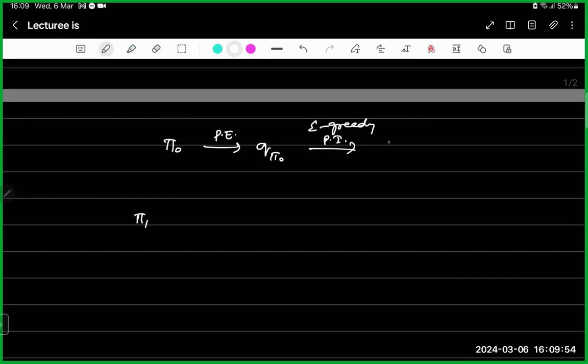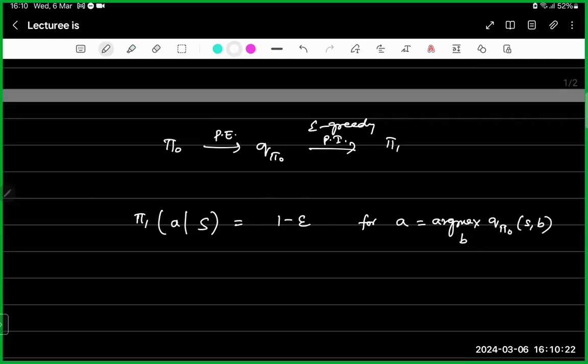So your pi 1 will be a stochastic policy, which tells you the following: pi of A given S is equal to 1 minus epsilon for A equal to argmax over B of q pi naught of S comma B, and equal to epsilon by mod A for A not equal to this.